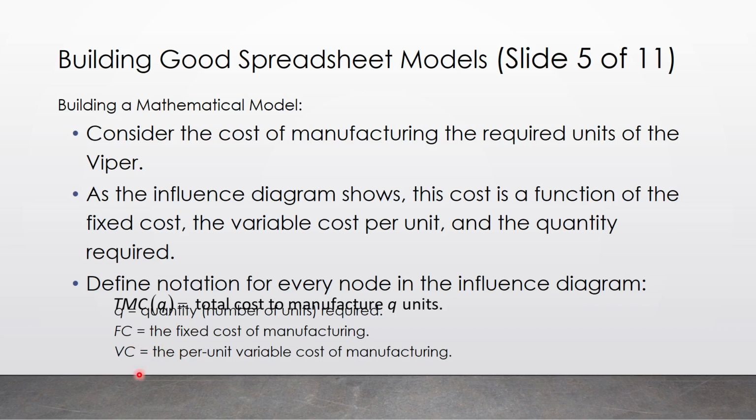VC is the per unit variable cost of manufacturing. TMC of Q is equal to the total cost to manufacture Q units.